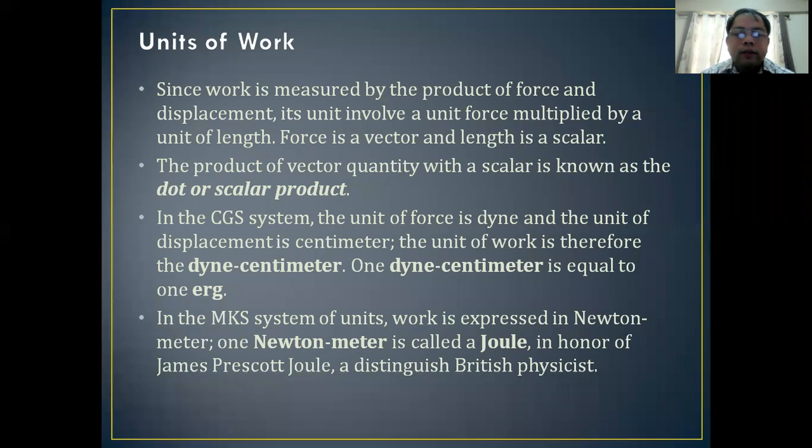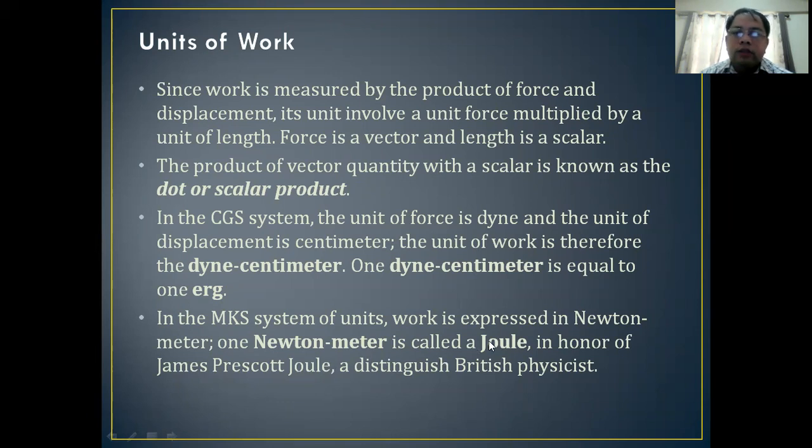Another unit that we use for work is joule. Joule is equivalent to Newton times a distance in meters. So Newton meter, when you multiply the force and the distance in meters, you end up with a unit called joule.